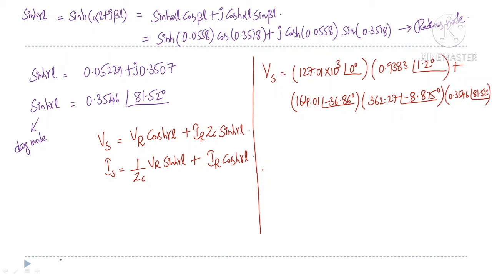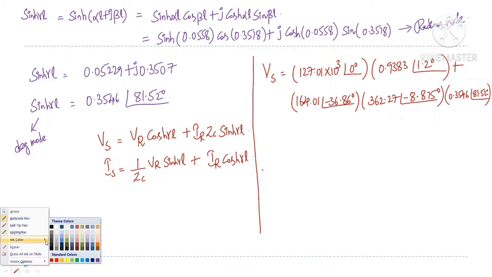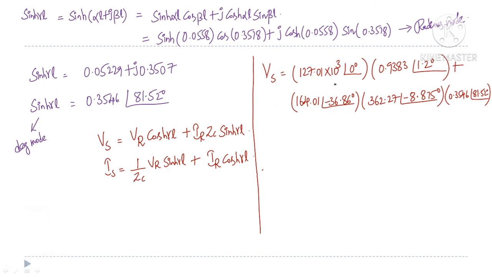Now let me write for your better understanding. I am just mentioning what all these things are. This is VR and this is the cosh γL value, and this is IR and this is the value of ZC and this is the value of sinh γL.